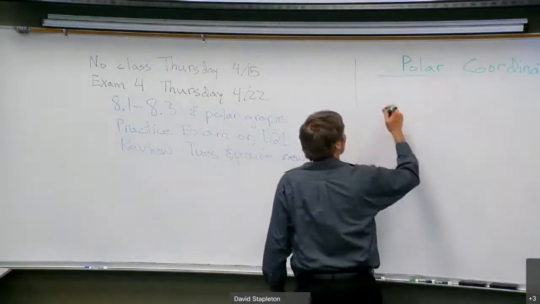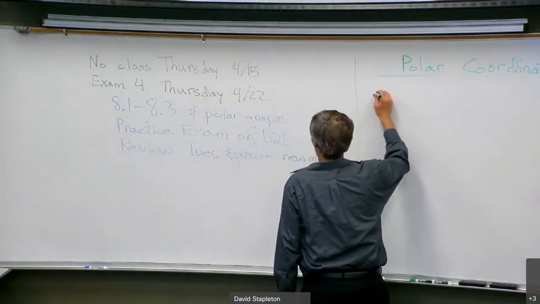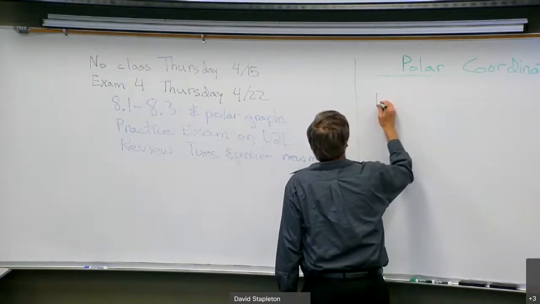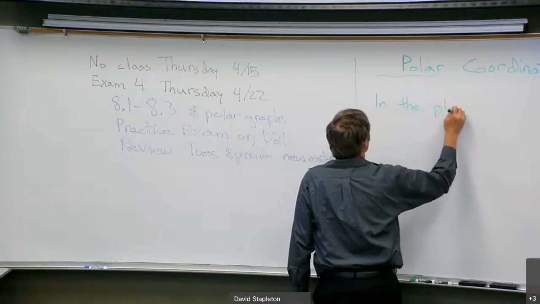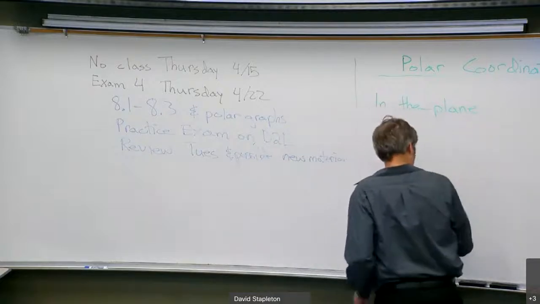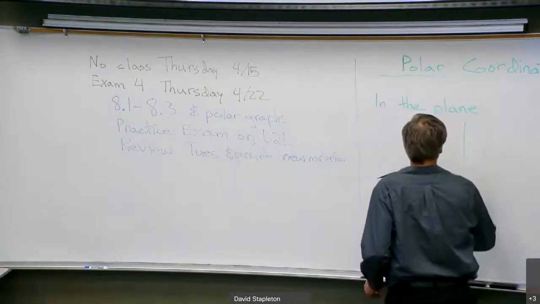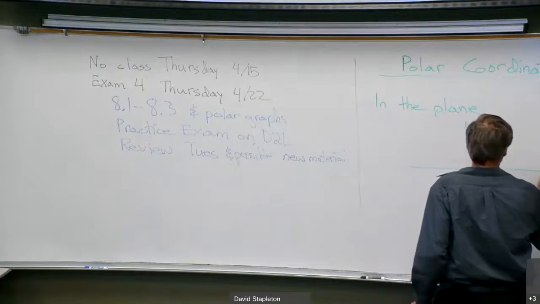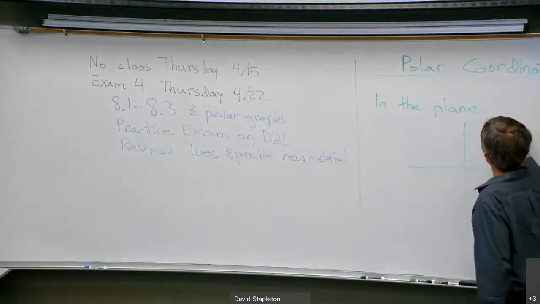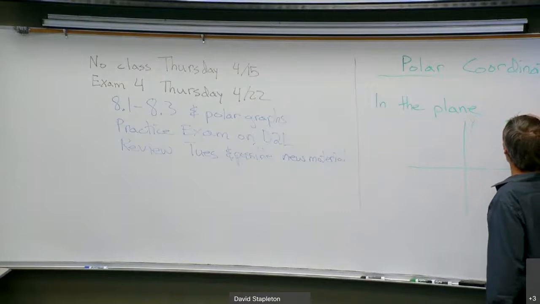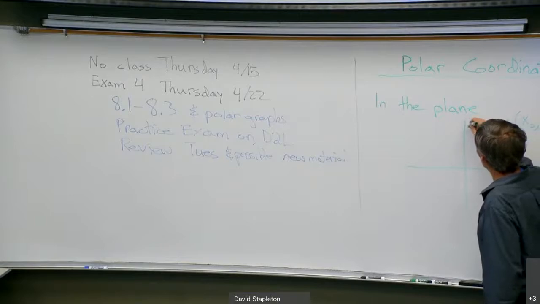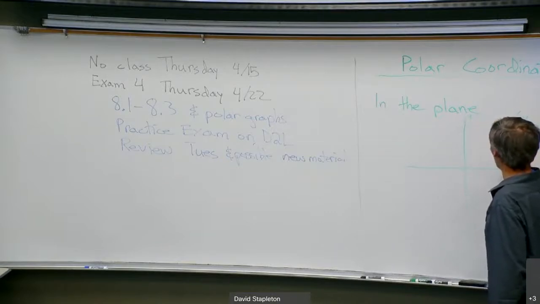So let's say this. In the plane, and I'll put X and Y, you can take any point that has coordinates x0, y0 obtained by dropping a perpendicular to the x-axis and seeing where it lies.